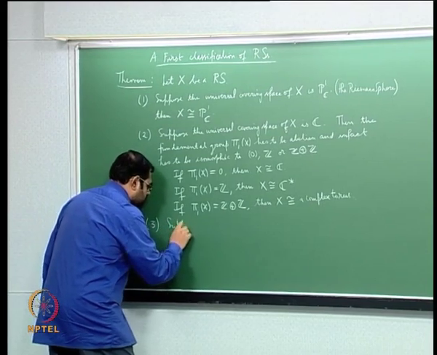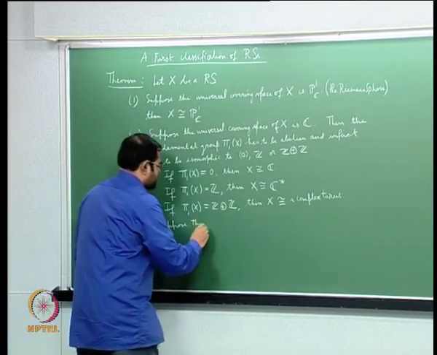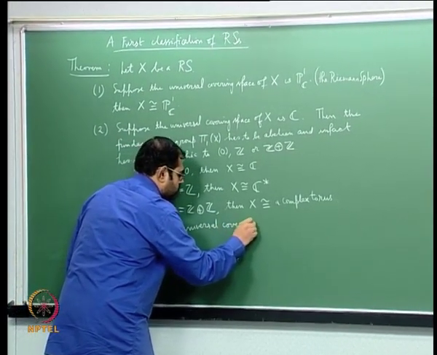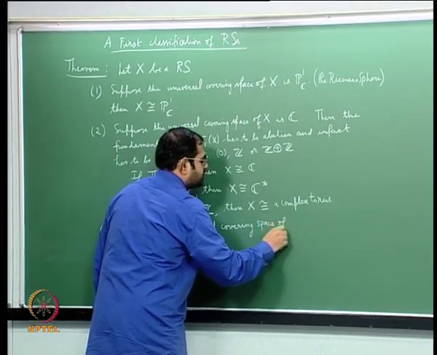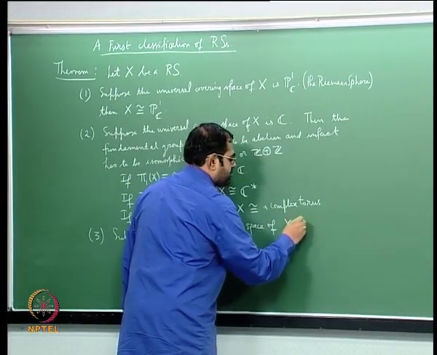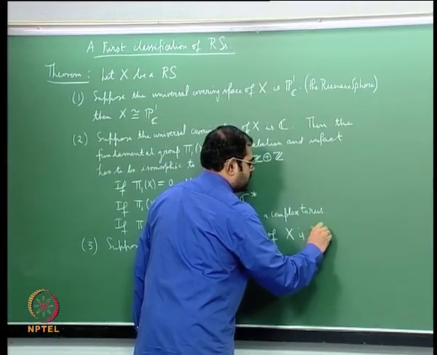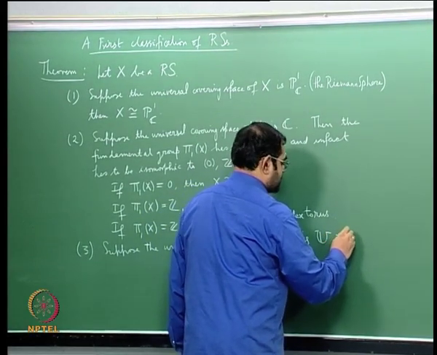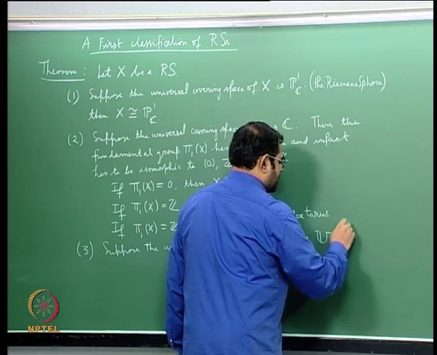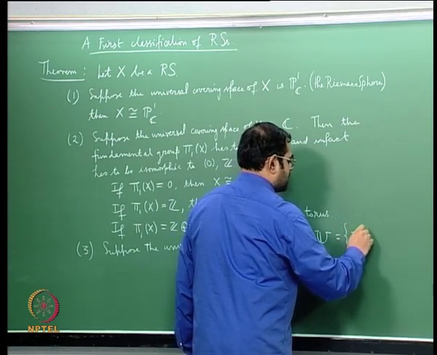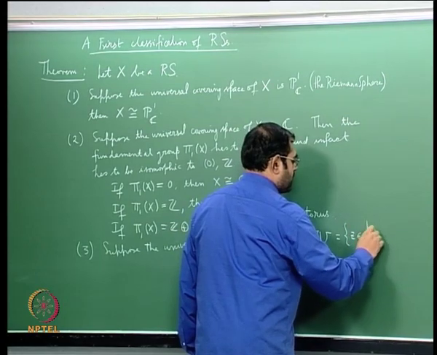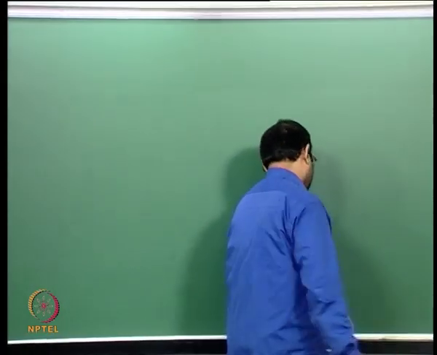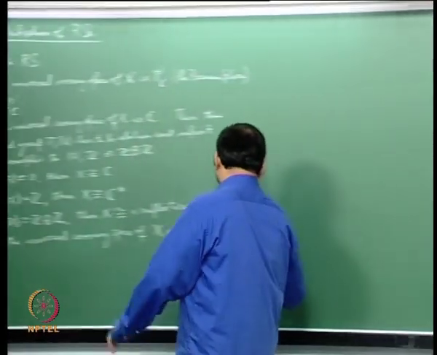Suppose the universal covering space of X is U, the upper half plane, which is the set of all complex numbers such that the imaginary part of that complex number is greater than 0.